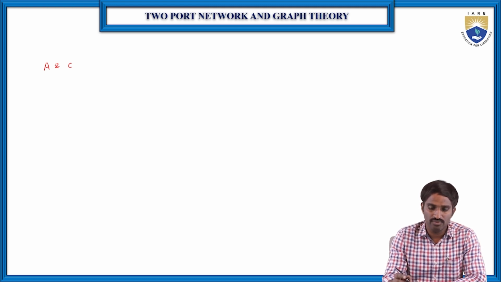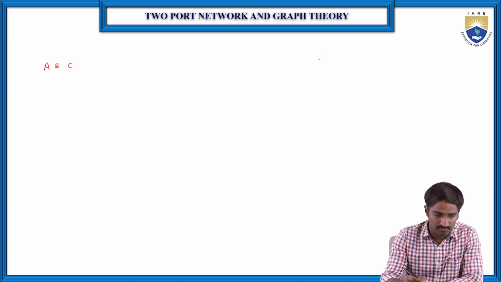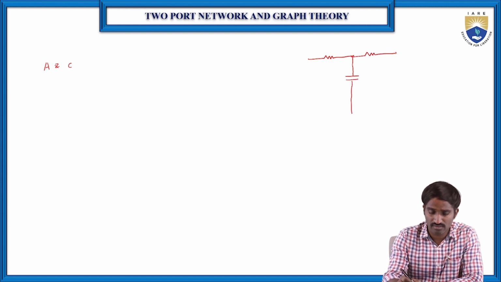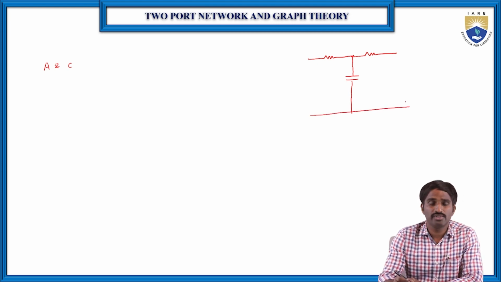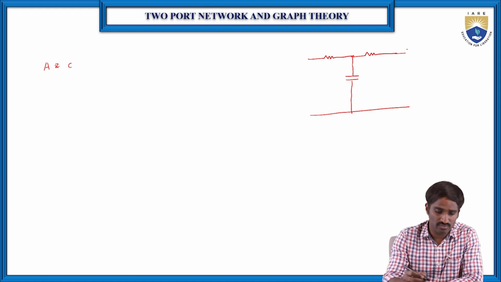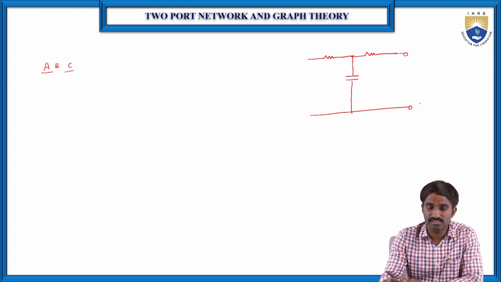From the given circuit, let me draw it. Here a 1 ohm resistor is there, the 1 by S ohms element, which we have converted into the S domain, and another 1 ohm resistor. In this circuit, we find A and C by making the port 2 terminal open circuit.